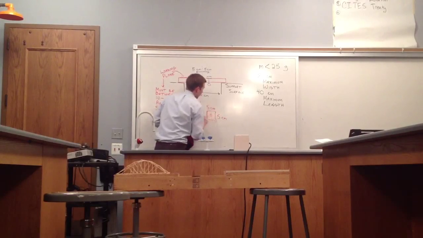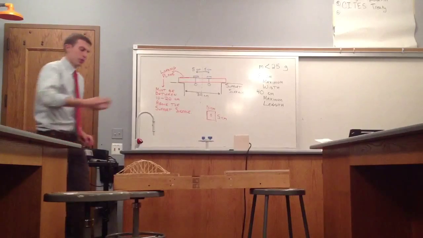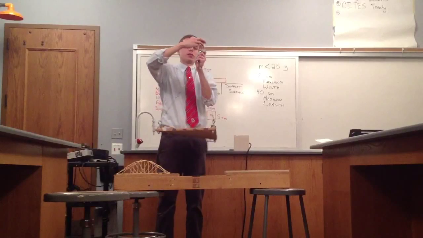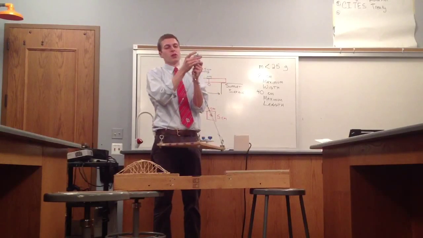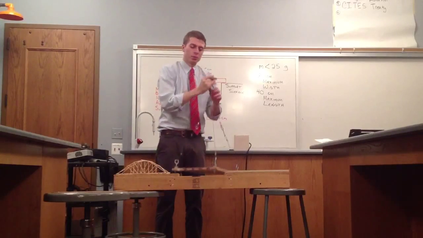And it has a hole right in the center so that the eye hook can go through it. So when you come to test your bridge, you will put the piece of wood in your bridge like so. You'll attach a bolt so it stays, and then you'll start adding bricks.